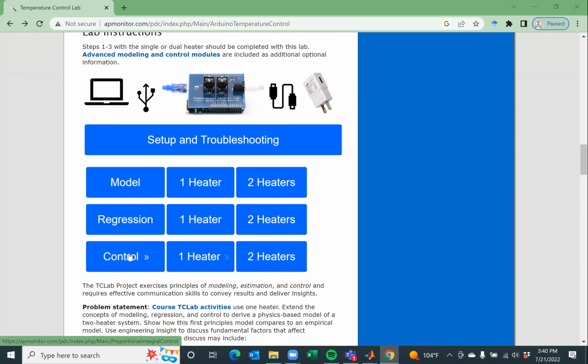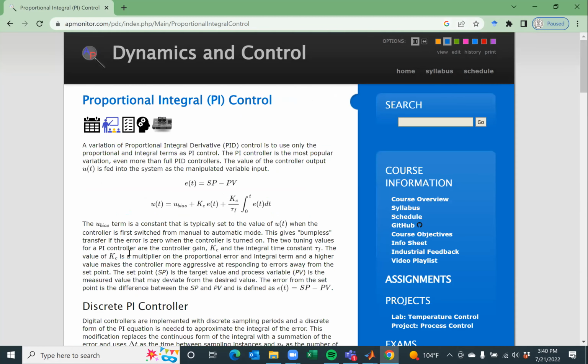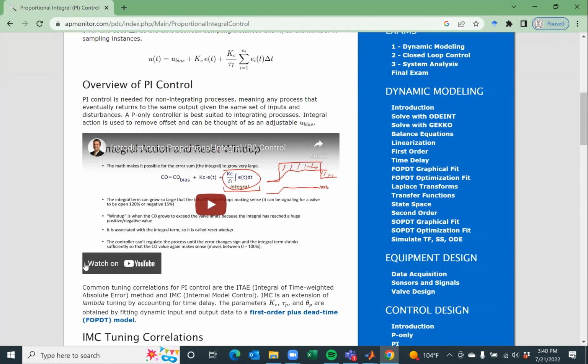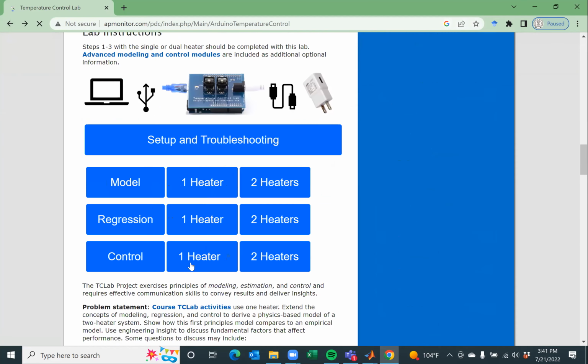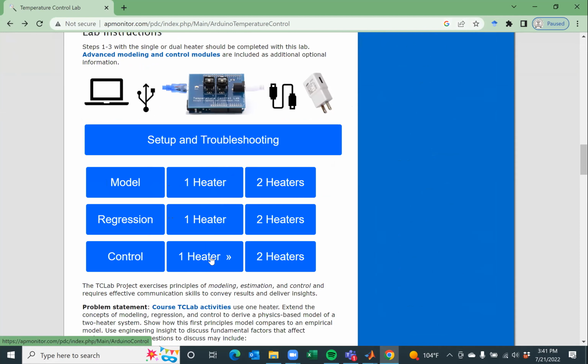You are welcome to read this section on control, but I would strongly recommend you follow the lab that we did today and complete the 1 heater control lab and 2 heater control lab. So that is going to be the assignment that is due next Tuesday.